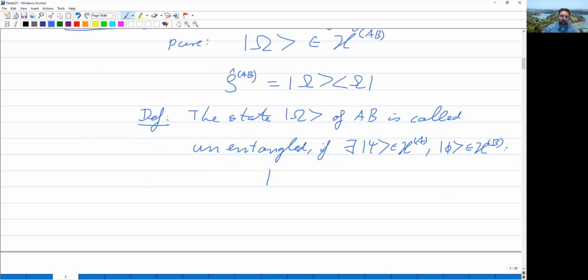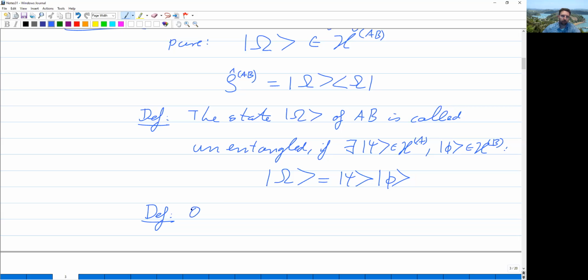So that omega is equal to psi phi. Remember, we are not usually writing tensor product symbols anymore. And then the definition is that if this is not possible, then the state is called entangled.